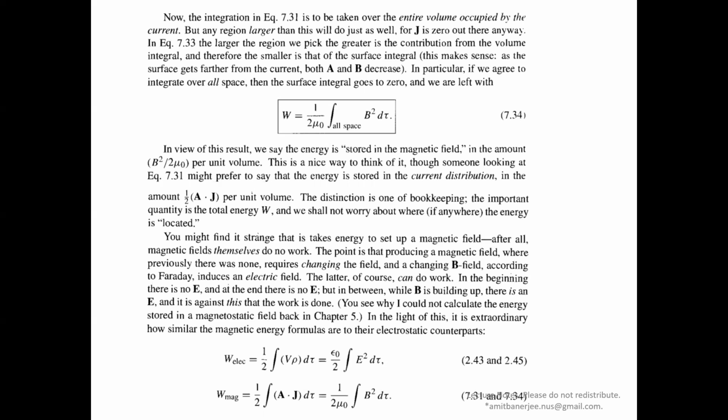Now, you have to note that the entire volume occupied by the current is described here. But any region larger than this will do just as well. I mean, if there is a larger area also, then you can consider that, because J will be 0 outside that.